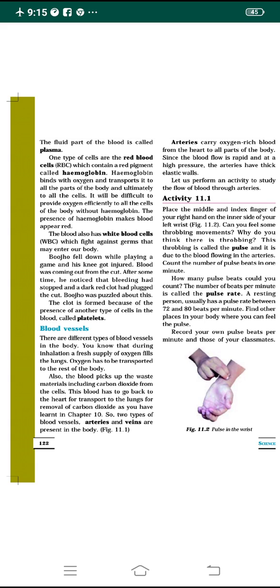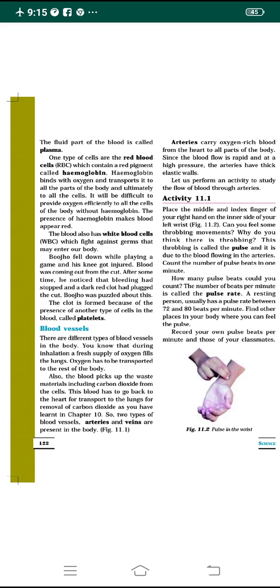Along with the hemoglobin, oxygen is attached, so it is transported to each and every part of the body and finally reaches all the cells. So RBCs help in supplying pure oxygen to each and every cell of the body.